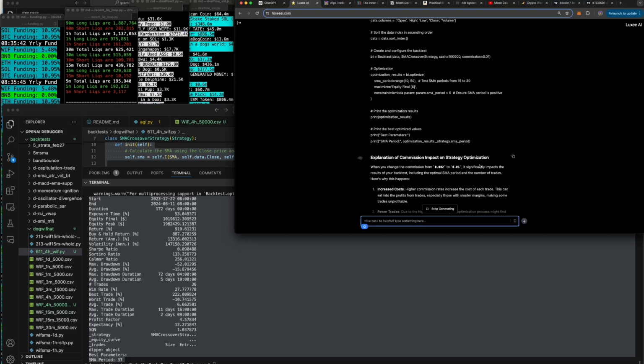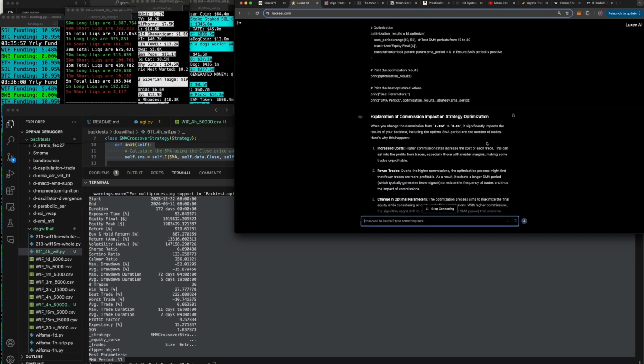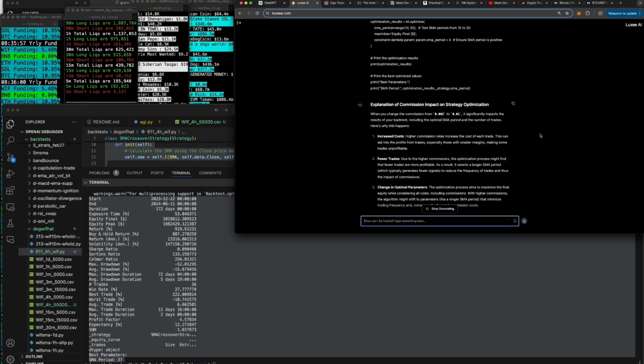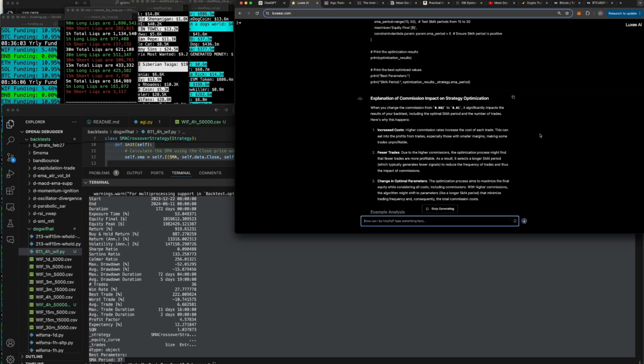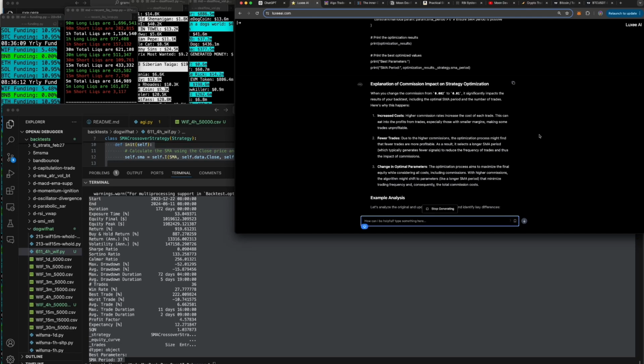When you change the commission from 0.002, which is 0.2%, to 1%, it significantly impacts the results of your backtest, including the optimal SMA period and number of trades. Here's why this happens. Increased costs: higher commission rates increase the cost of each trade. This can eat into profits from trades, especially those with smaller margins, making some trades unprofitable. Fewer trades: due to the higher commissions, the optimization process might find that fewer trades are more profitable.